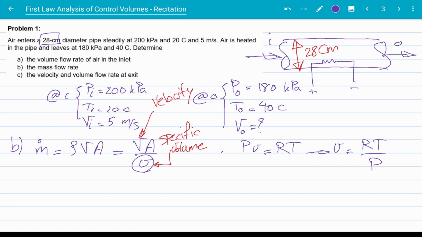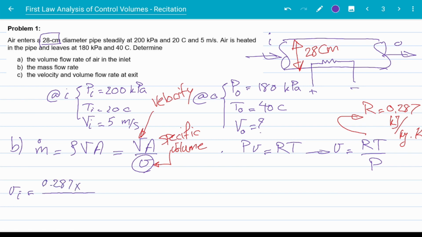So at the inlet, if I plug in the numbers that I have at the inlet, specific volume of air is air gas constant. The value for air gas constant is 0.287 kilojoules per kilogram Kelvin. Plug that in here, 0.287 times.